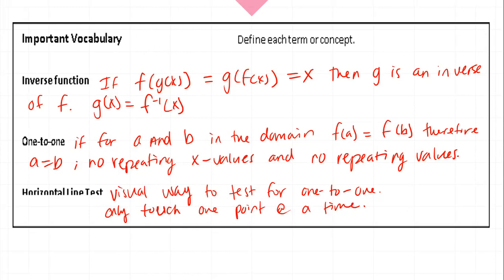So these are our main three vocabulary words for this section: inverse function, one-to-one, horizontal line test. Are all these words familiar? Am I good to go?